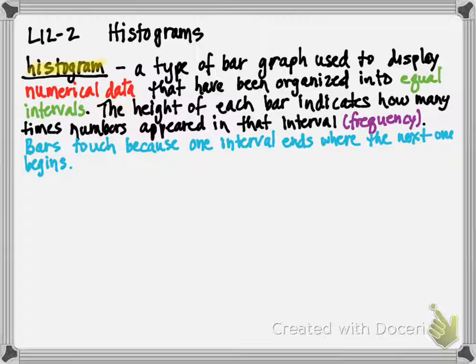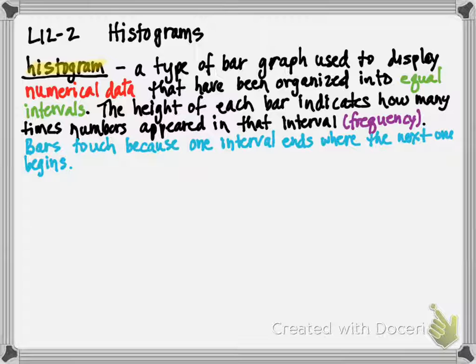An interval is a range of numbers. We might have a range of 5 numbers or 10 numbers, like counting by tens, and that's how we are going to do our bars. Frequency is how often something shows up.